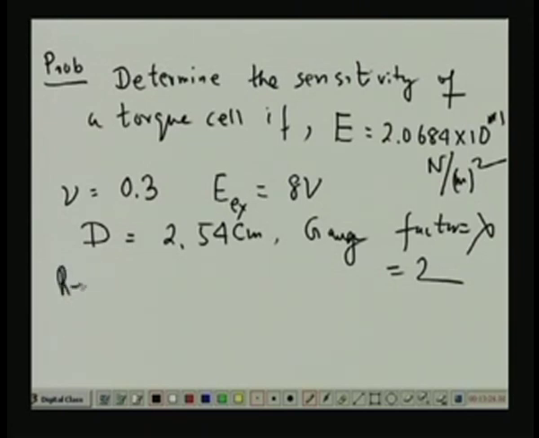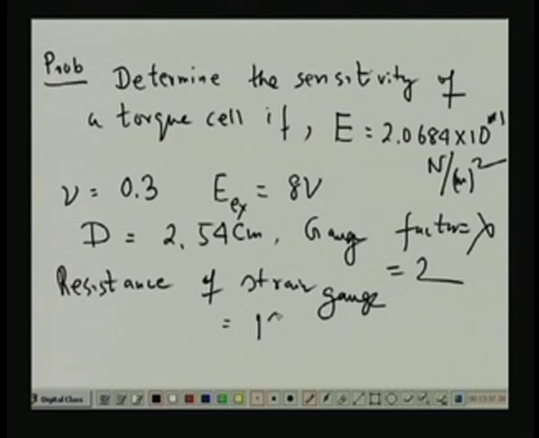The resistance of the strain gauge is equal to 120 ohm. Okay, so it is nothing, just plug in all these formulas. So it is 2.0684 times 10 to the power 11, please note, right.